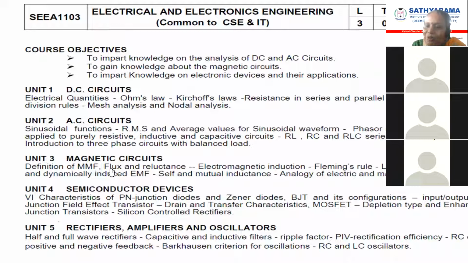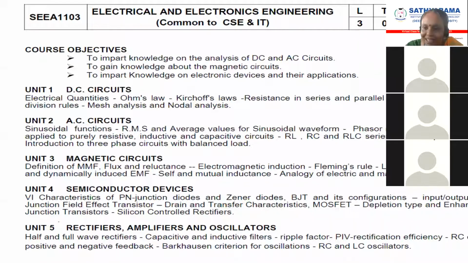The third unit is about magnetic circuits. And the fourth unit is semiconductor devices. You will learn some electronic devices like PN diode, Zener diode, BJT, MOSFET, FET, SCR, and the applications like how they work as rectifiers, amplifiers, and oscillators.